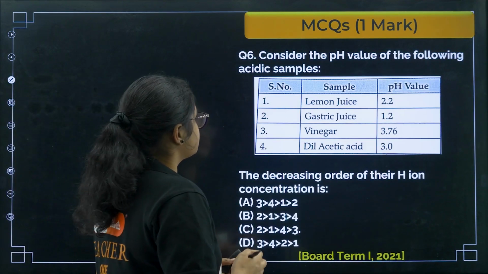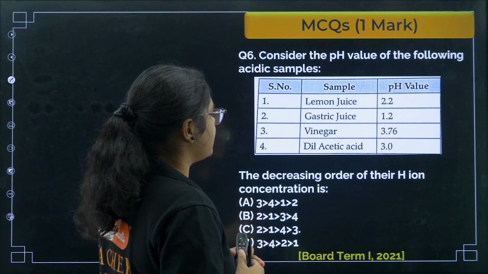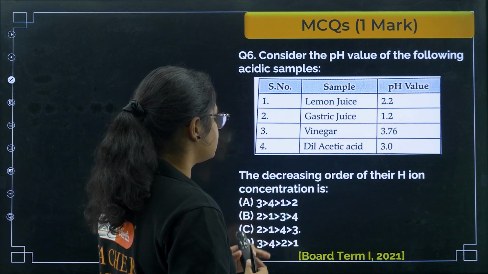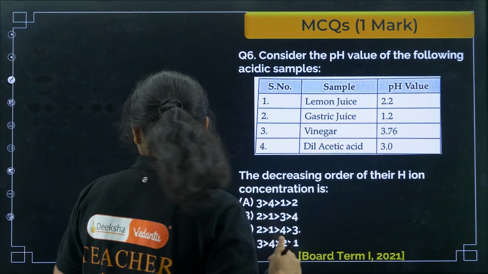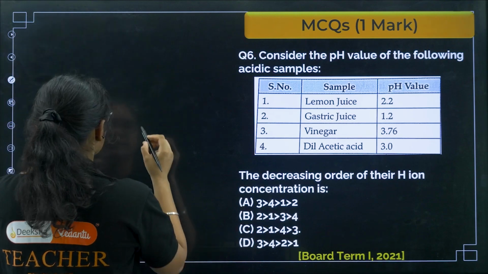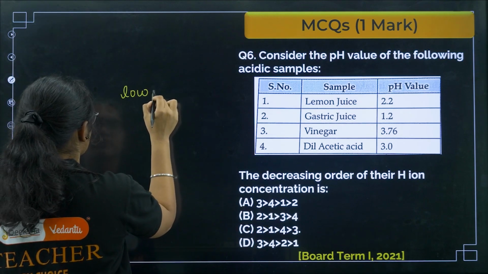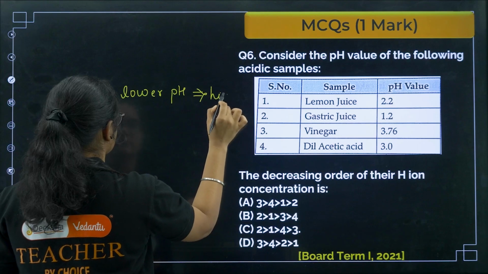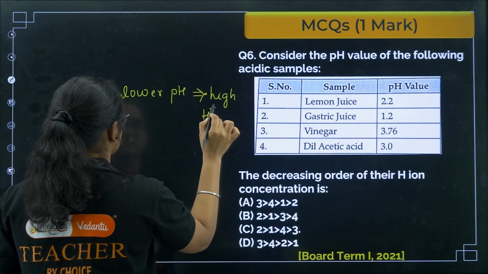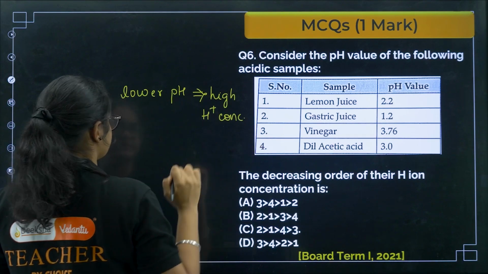Next, we'll go for question number 6. Consider the pH value of the following acidic samples, the decreasing order of their H plus concentration. Lower pH value means high H plus concentration.